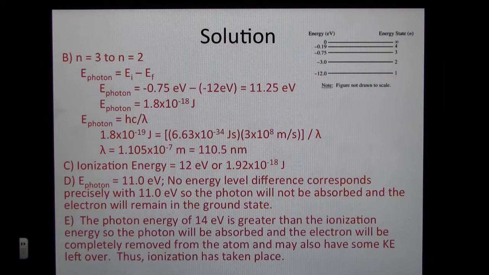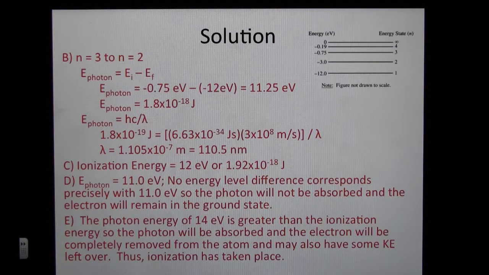Finally, part E asks us, what effect would an incident photon with an energy of 14 electron volts have on an electron in the ground state? Well, the ionization energy is 12 electron volts. That's the energy required, at least, to get the electron from the ground state entirely out of the atom, where n equals infinity.